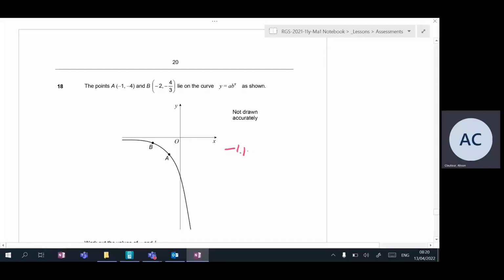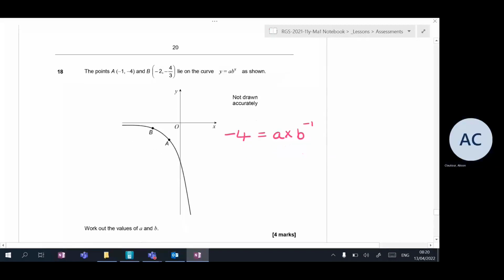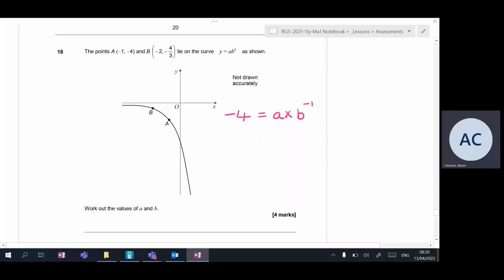So you can just sub those into the curve. So y is minus 4, and our equation is a times b to the power of x, and x is minus 1. Okay, so we've got an equation there that says minus 4 is a times b to the minus 1. I'm just going to simplify that slightly. Because it's a negative power, that's the same as a reciprocal, so it's a over b is minus 4.